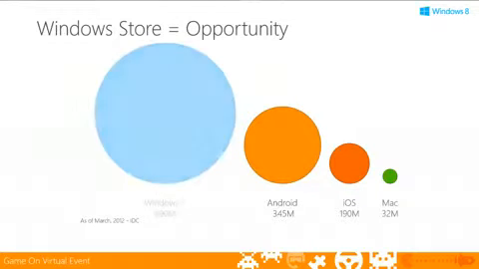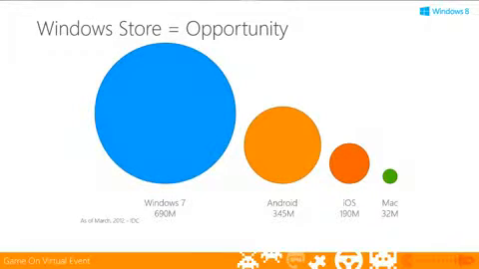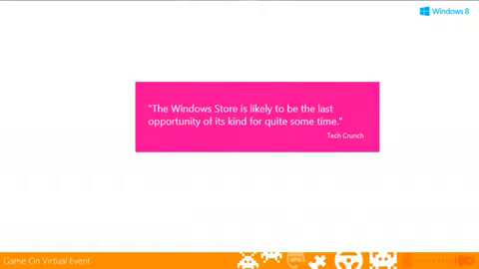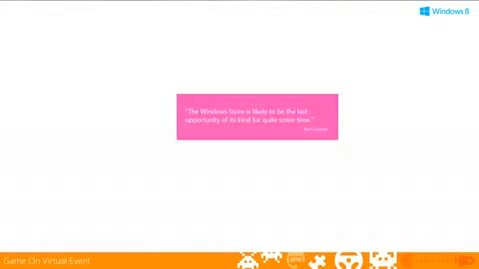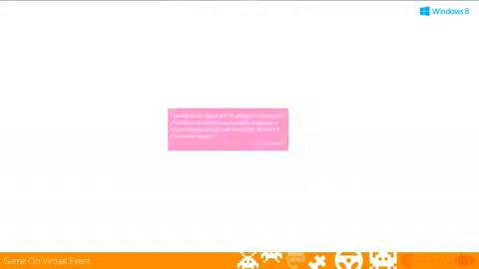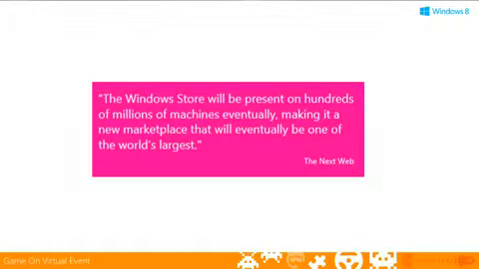Now, if we look at the opportunity itself, right now there's 690 million Windows 7 laptops, desktops, etc. out there. And if we look at the current licenses for Windows 8, there's over 100 million of those already, which has the same run rate so far as Windows 7.